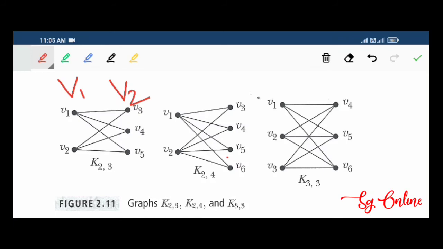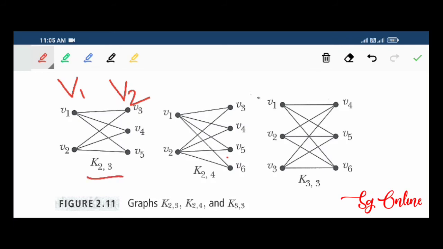So this graph we call a complete bipartite graph, and in its partition, in one partition there are two elements, in another partition there are three elements, and we denote this graph by K23.